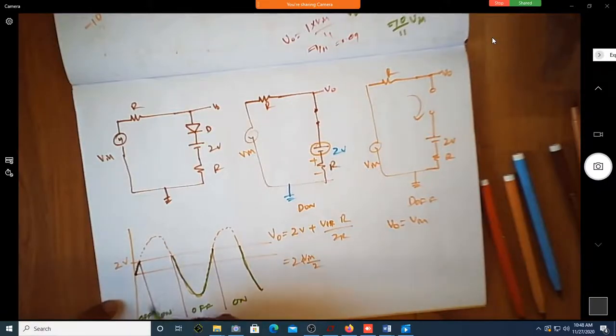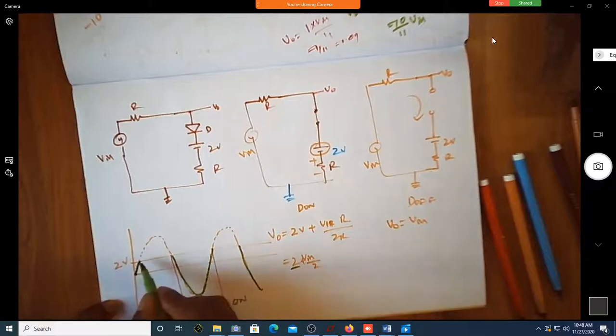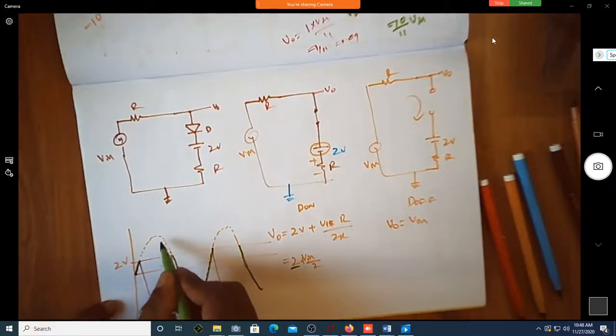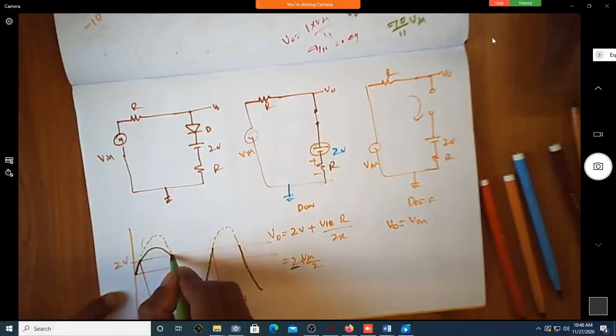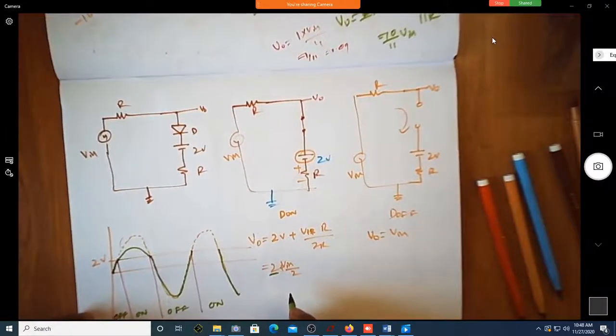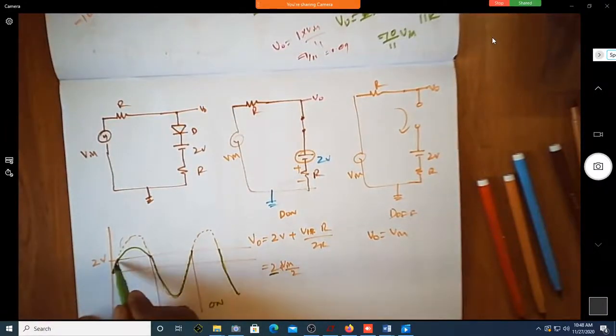When it is on, along with this DC, half of the voltage will get added. Meaning 2 plus half of this. 2 is already there, plus half of the input.